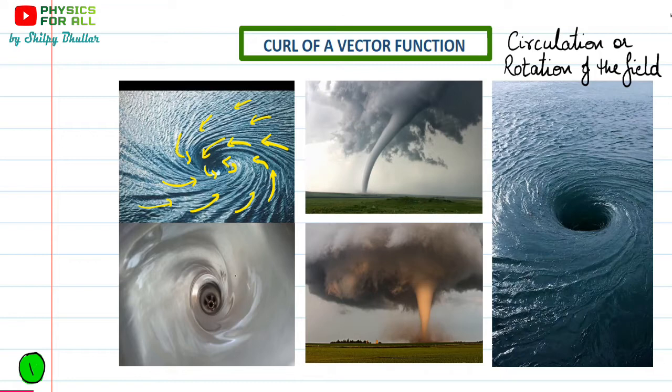So in this example of water flowing through the sink, suppose v is the velocity vector, both divergence and curl are non-zero. Divergence is non-zero because here it's an example of negative divergence.